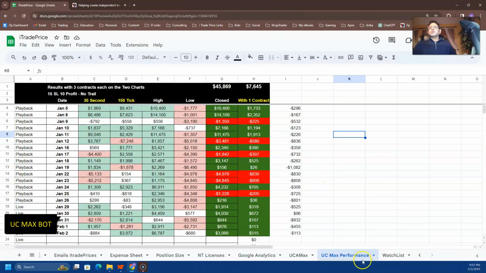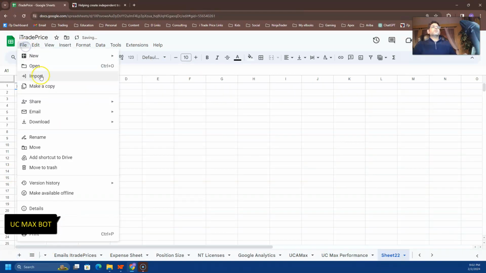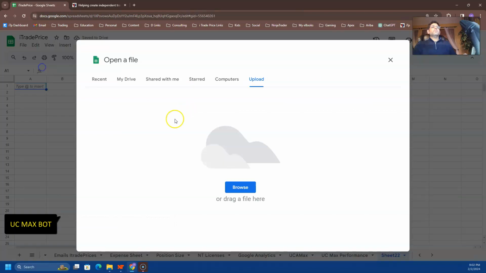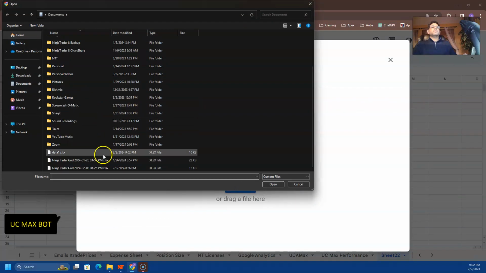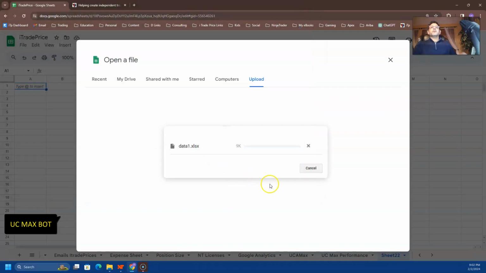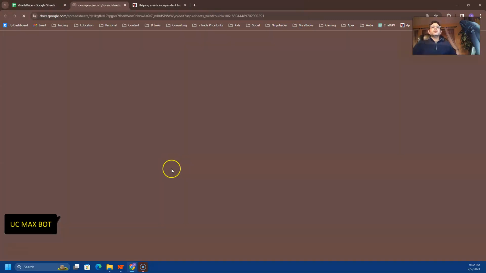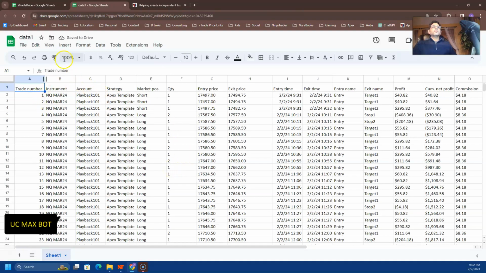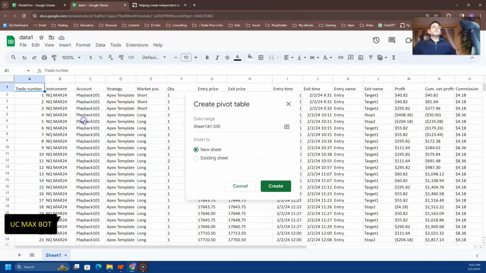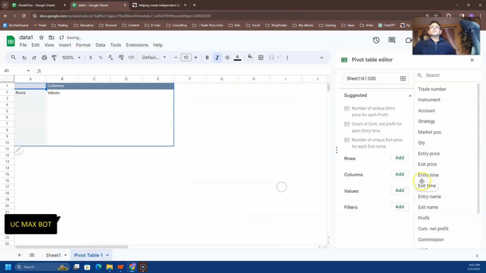This is our stuff. Let's make another sheet. Open another sheet here. Blank one. Open. Browse and data one. Okay, so here's our data. Let's insert a pivot table so we can do some analysis.